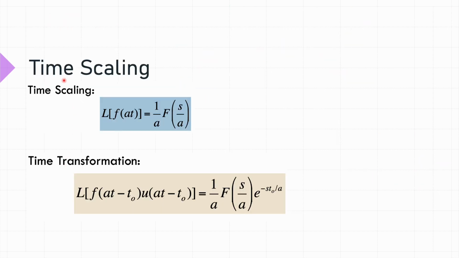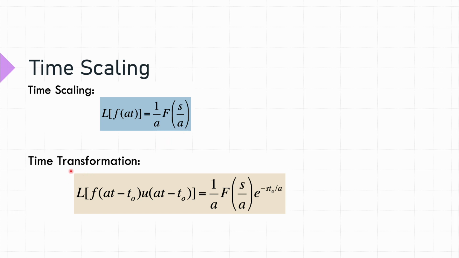Okay, so now let's look at another operation, which is time scaling. In the time domain, the time is scaled up by a. So in the s domain, the amplitude will be divided by a, and also inside the bracket, the s will be divided by a.